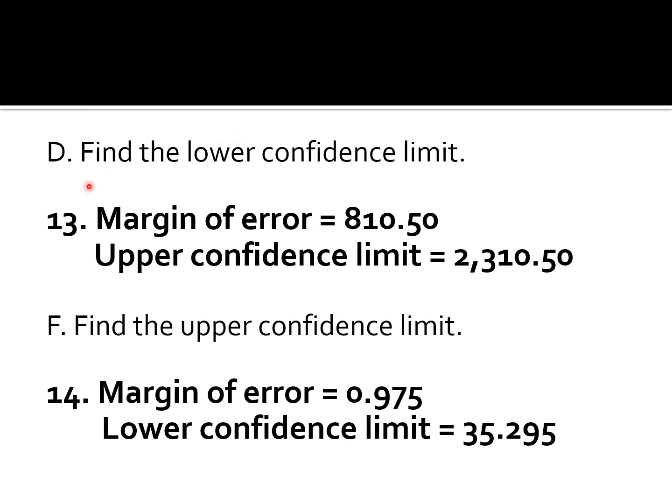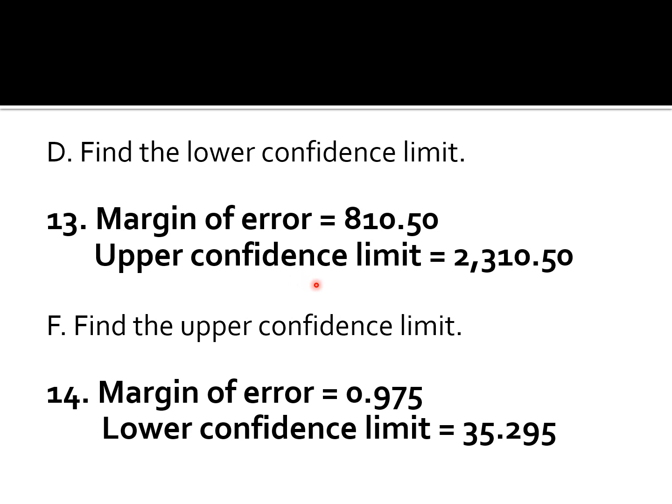Yan. How about this one? Find the lower confidence limit. So, ang given is margin of error is equal to 810.50. Upper confidence limit, we have 2,310.50. Okay, so take note on this. Ang gagamitin ninyong formula is yung formula in finding for the upper confidence limit, which is sample mean plus the margin of error.